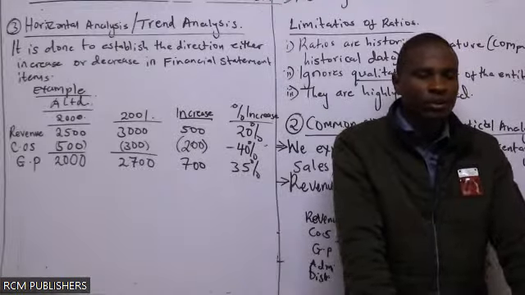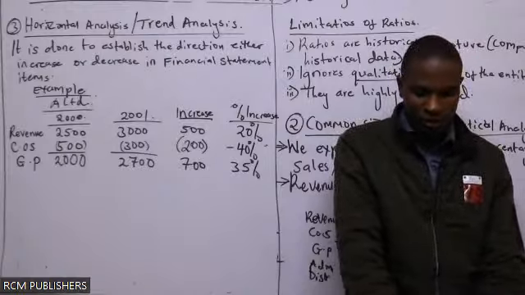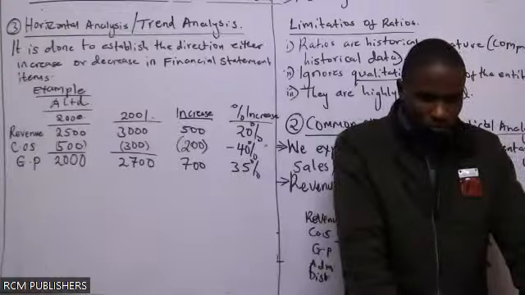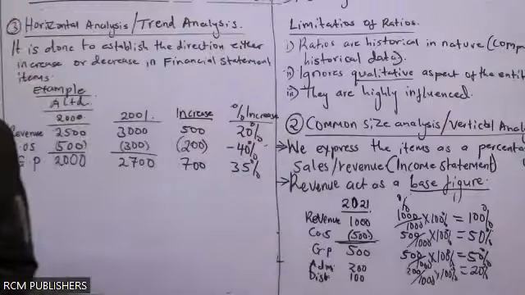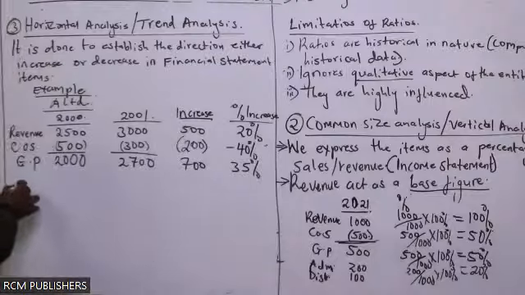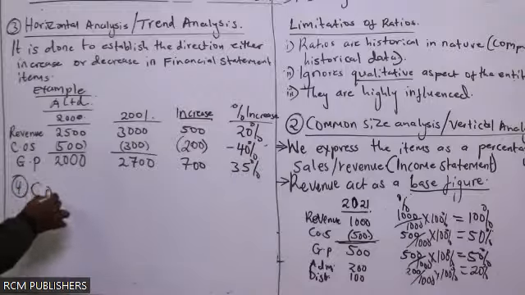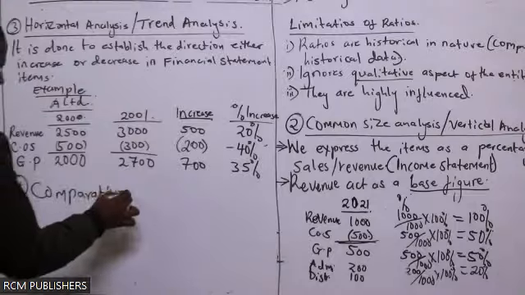That is very good. That reminds me of a question that we need to tackle today. There's a third one, and a fourth one. This fourth one is not that common: comparative financial statements.